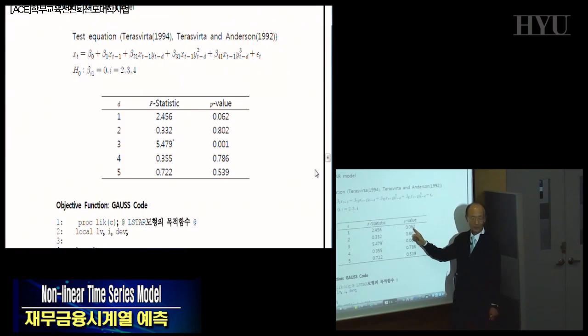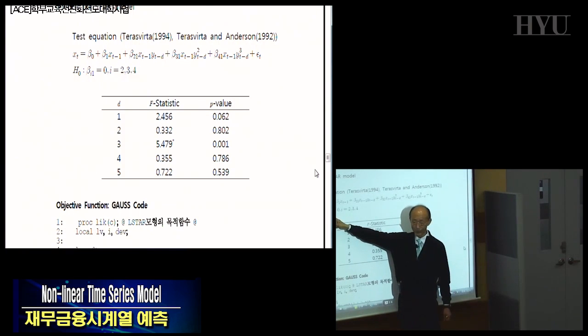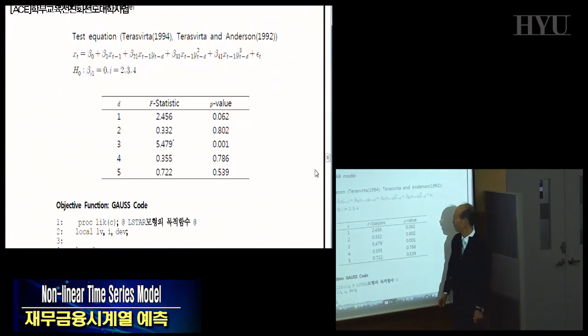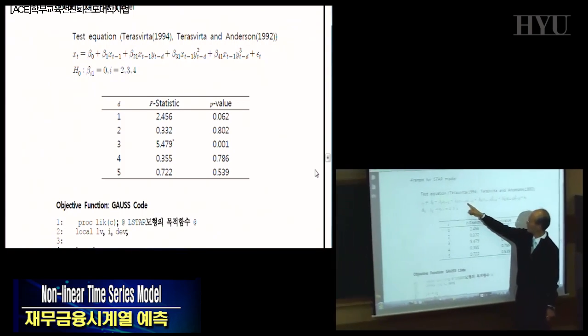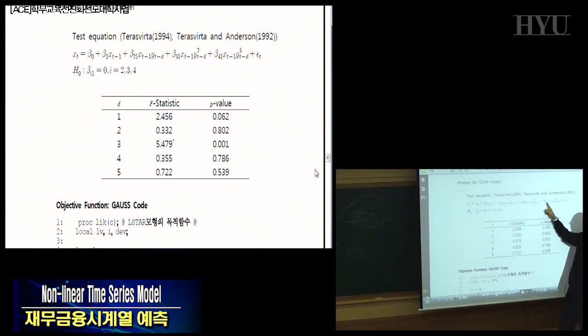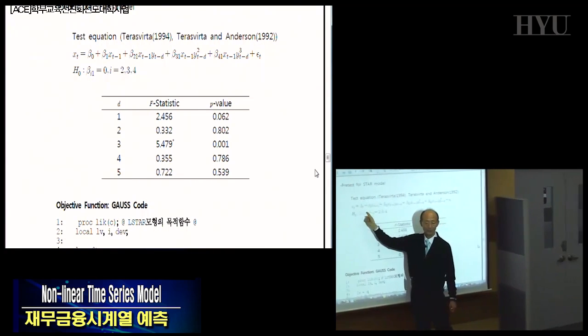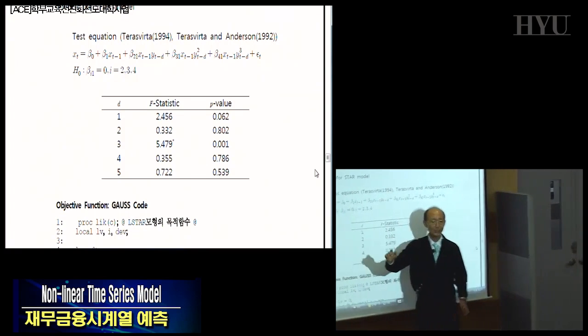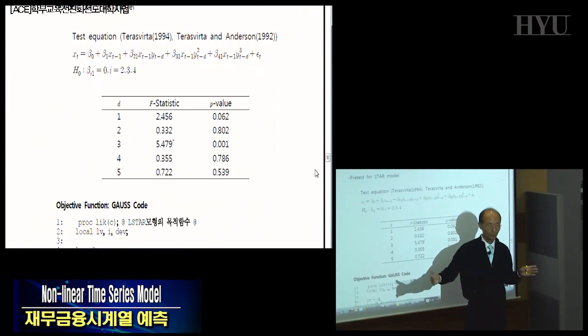Suppose this is the case. Then your null hypothesis is not rejected at 5%. So if you set this one as x t minus 1, these are all 0. So you're left with this term only, which means it's a linear model, a linear process.